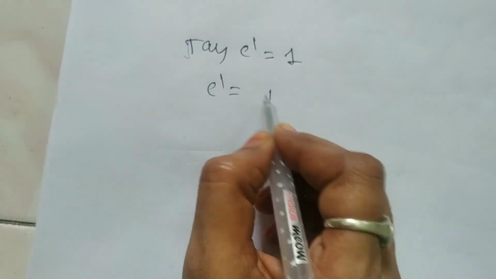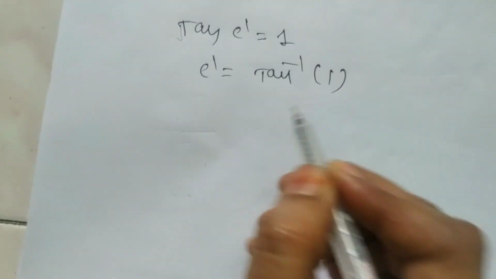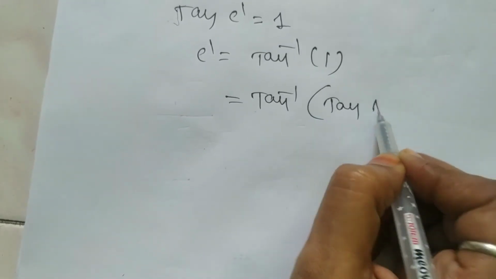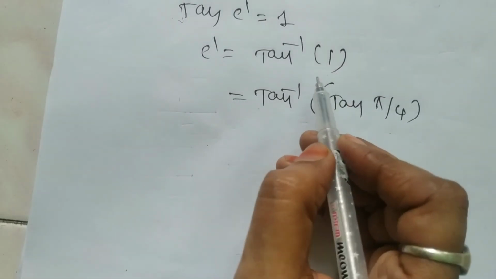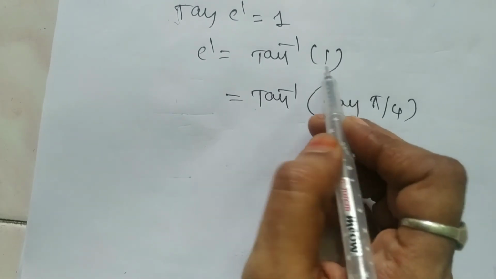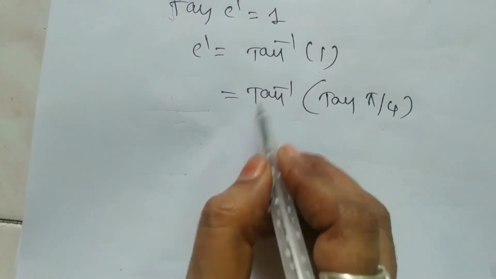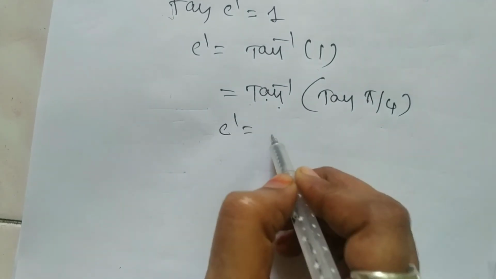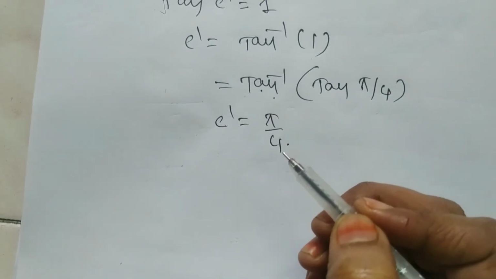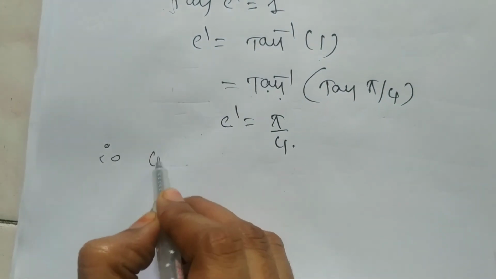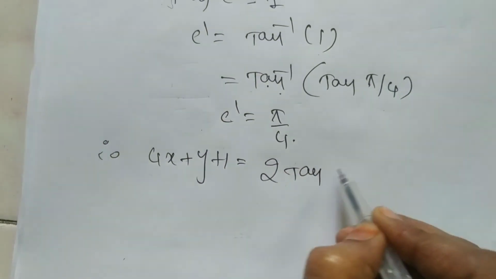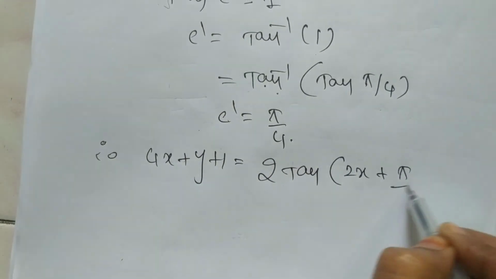Then c dash equal to tan inverse 1. So tan inverse 1 can be written as tan inverse tan pi by 4, because tan 45 is 1. So tan inverse tan will be cancelled. Then c dash equal to pi by 4. So therefore 4x plus y plus 1 equal to 2 tan (2x plus pi by 4).